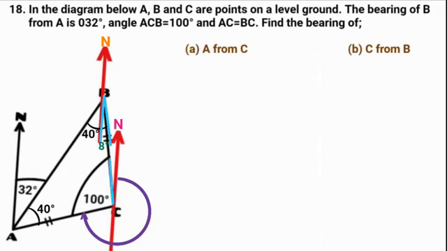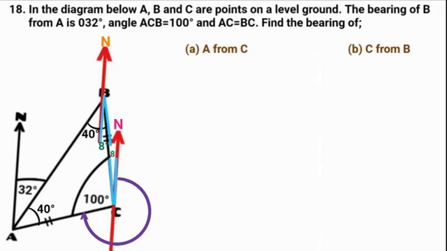These two angles in blue, on the north line at C and the north line at B, are parallel lines, and line BC is a transversal line. That means these angles I have marked in blue are alternate angles and they are equal. That means this angle is also 8 degrees.